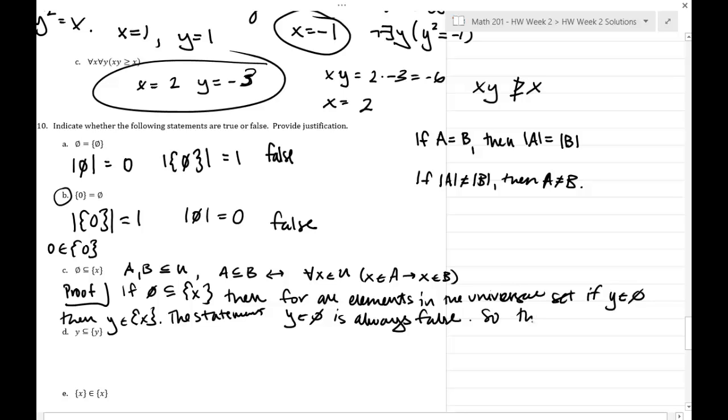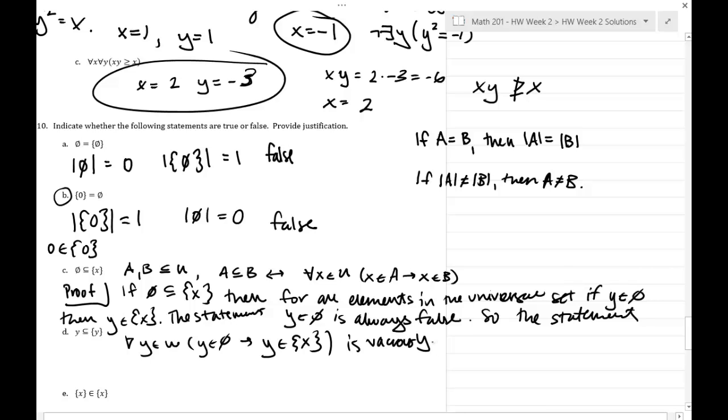So the statement, for all Y in our universal set, Y is in the set containing X, is vacuously true.